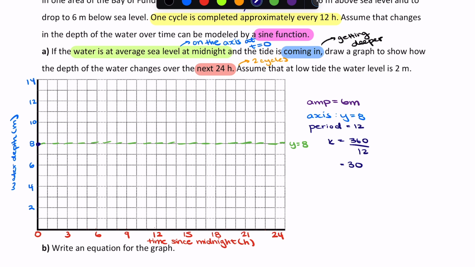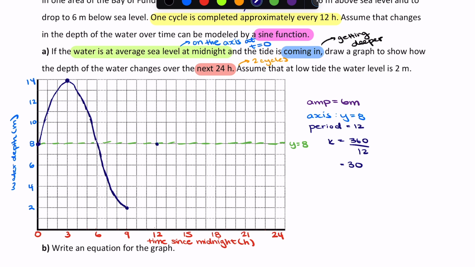It reaches the maximum at 14, at 3 hours. It goes back to the axis at 6 hours. It reaches the minimum, or the low tide water, at 9 hours. And then it continues this cycle.